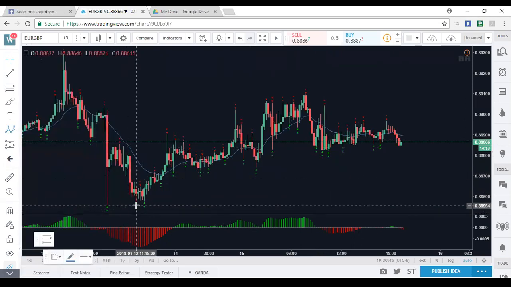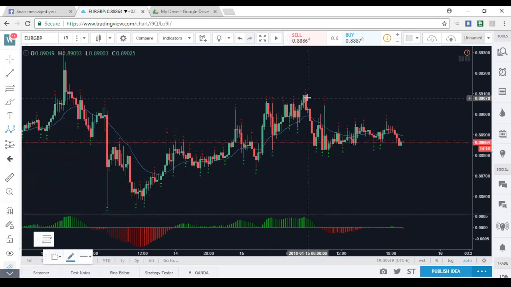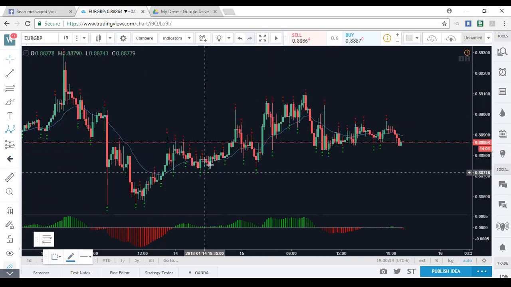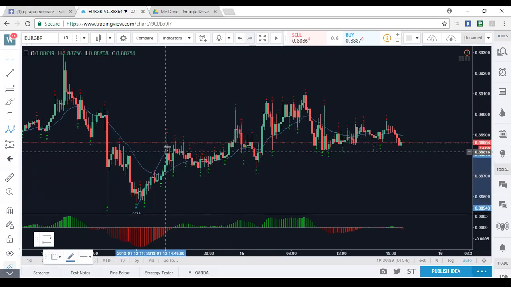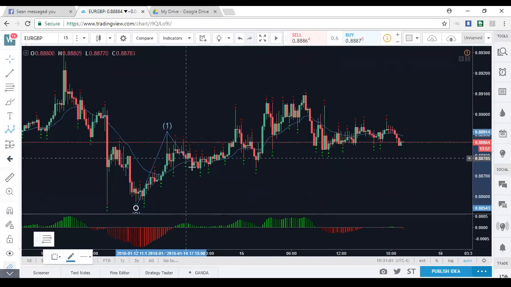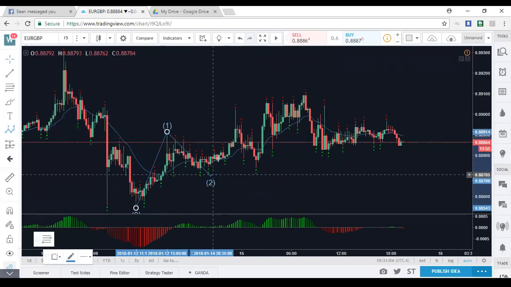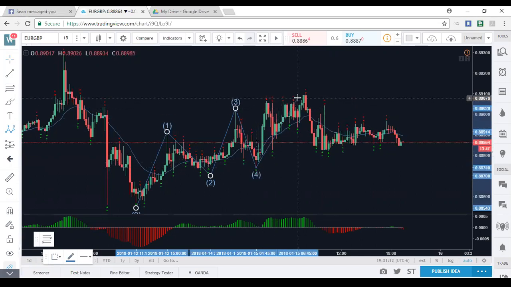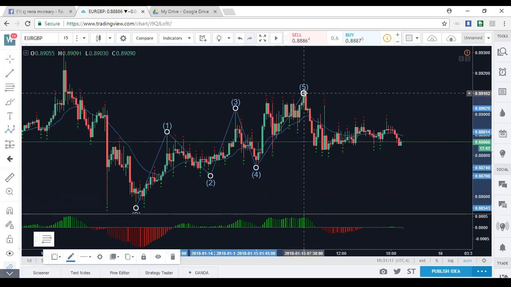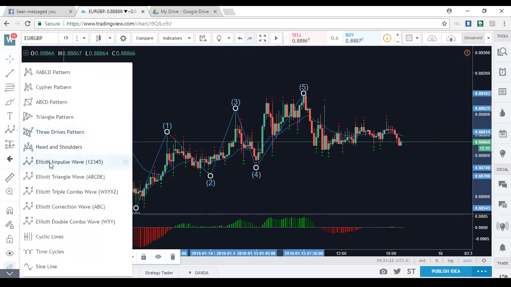Okay. So from this low to this high is what we're looking at. It doesn't look like much just yet, but here's the Elliott Wave cycle. I'm gonna find a better example after I mark this one up.